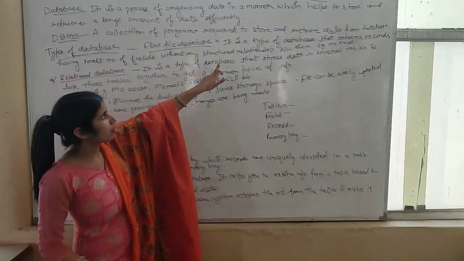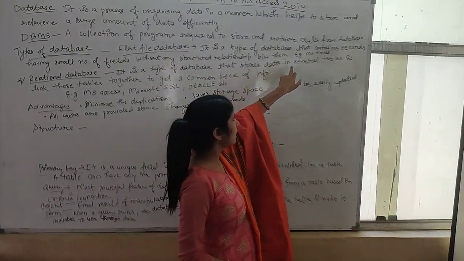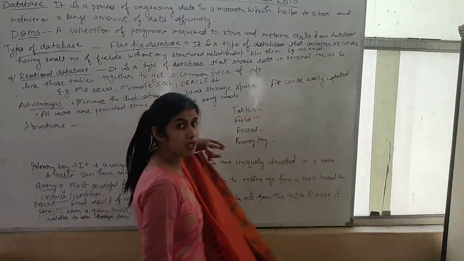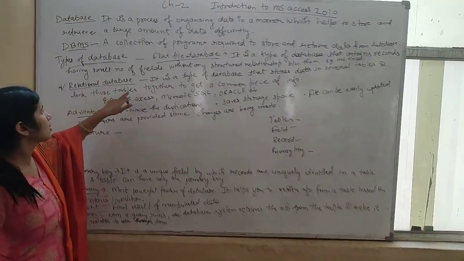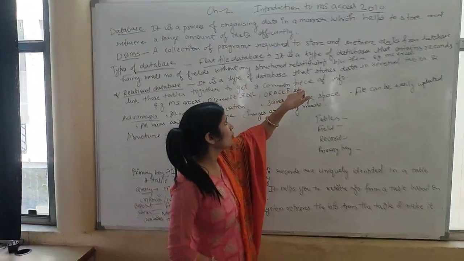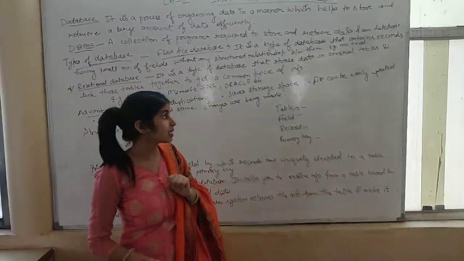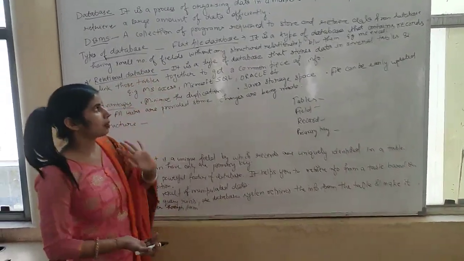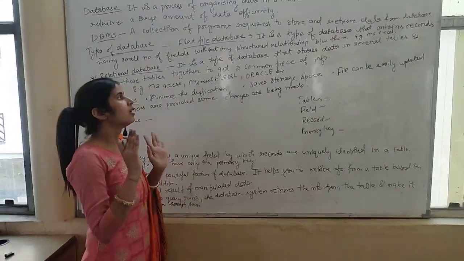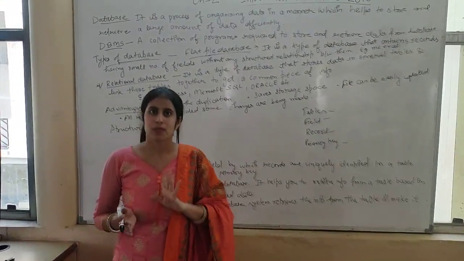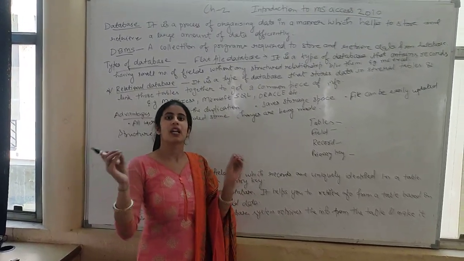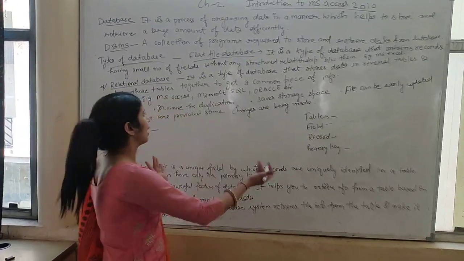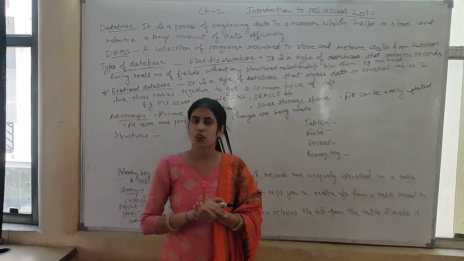It is a type of database that stores data in several tables and links those tables together to get a common piece of information. It means this relational database has the data in several tables, and we are relating them to get the common piece of information.